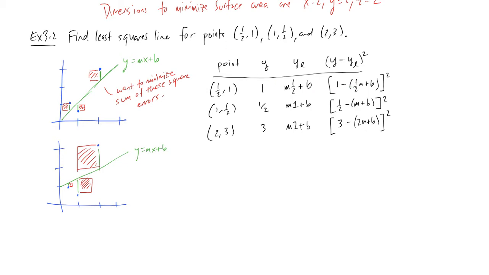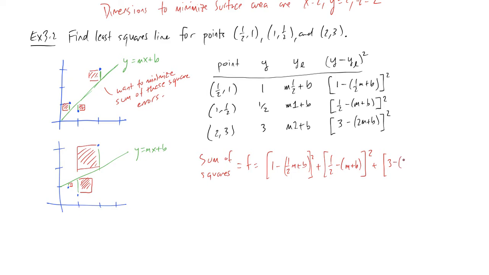Okay, so we want to sum all these squares together. We're going to call this f. Let's do it in red to indicate. So the sum of the squares, call it f, is going to be this term plus this term plus this term.